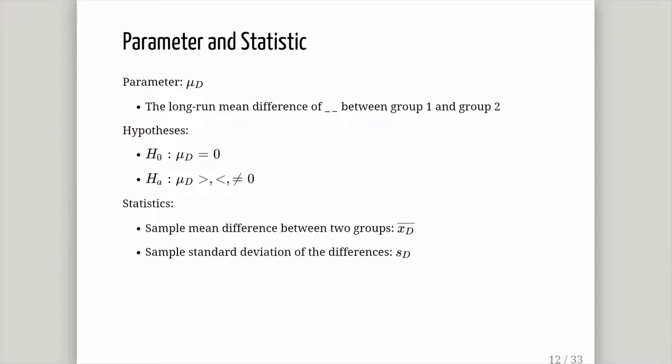We're going to assume that the long run mean of the differences between two groups is 0. Then for our alternative hypothesis, we're going to say that the long run mean difference is going to be different than 0 in some way. It's going to be either greater than 0, it's going to be less than 0, or not equals to 0. You pick the sign, greater than, less than, or not equal to by reading the question carefully.